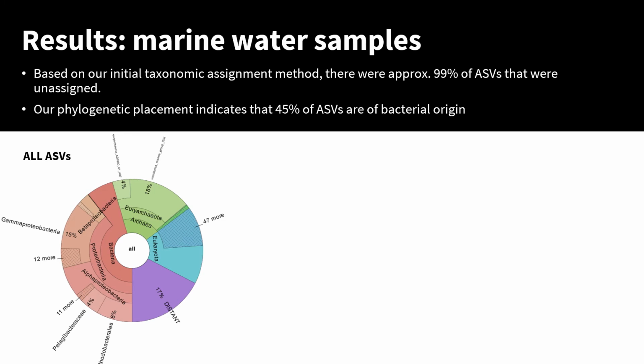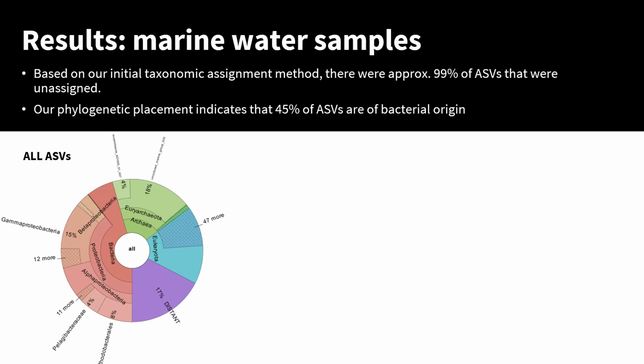In this first plot, this is where we placed all of the query sequences from our marine ASVs. Here we find that approximately 45% of all of our query ASVs are of bacterial origin. The remaining ASVs are pretty much equally shared between the archaea and eukaryotes, as well as what is described here as distant, which you'll see coloured in the purple part of the plot.